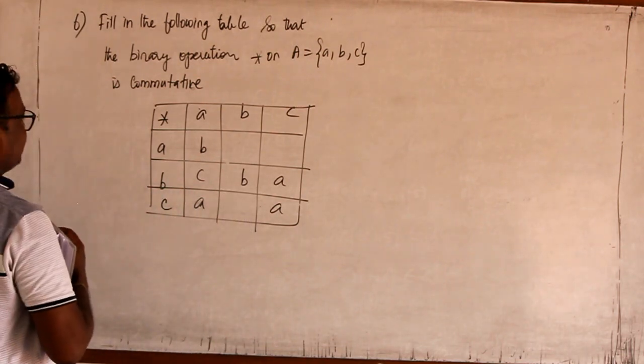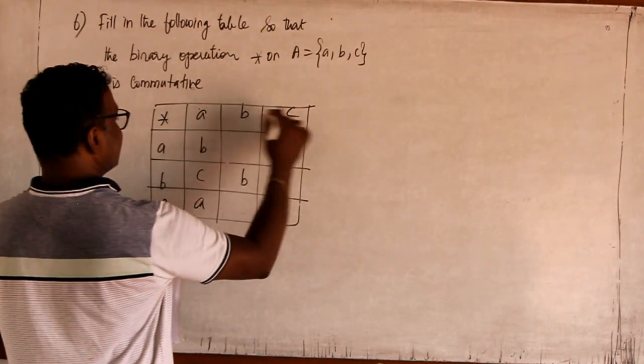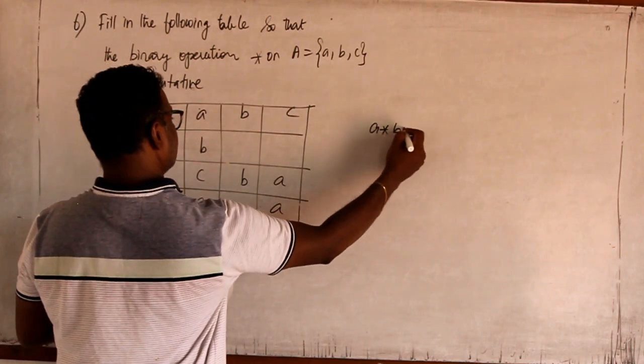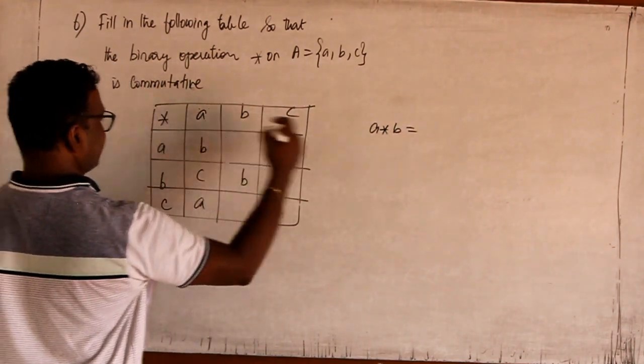Now, they gave it is commutative, that is A star B equals B star A, we know.